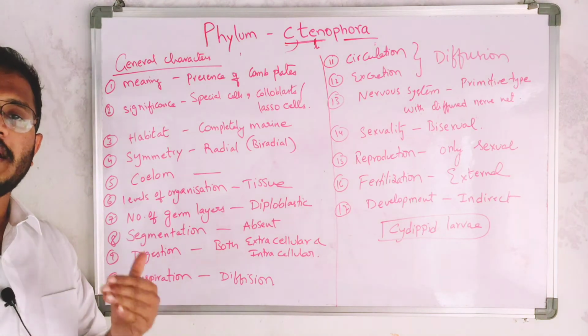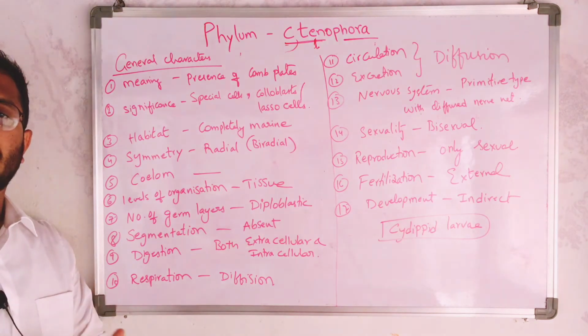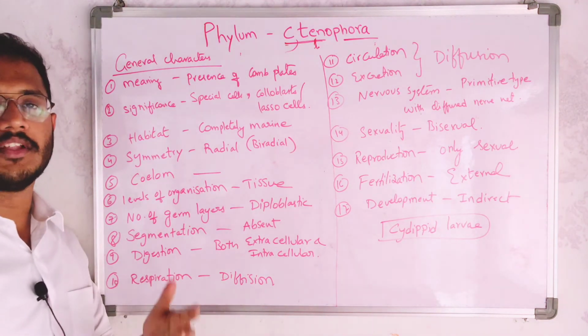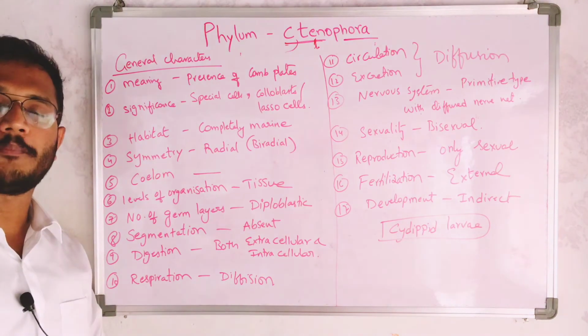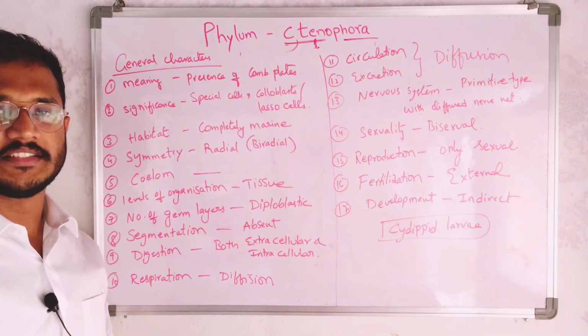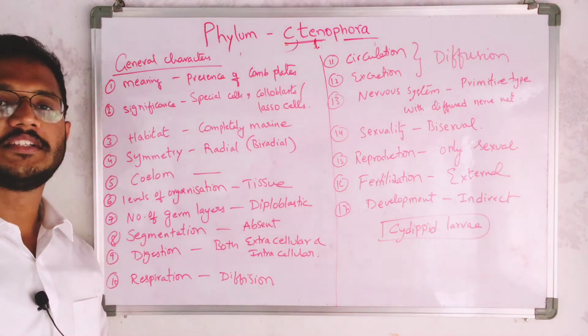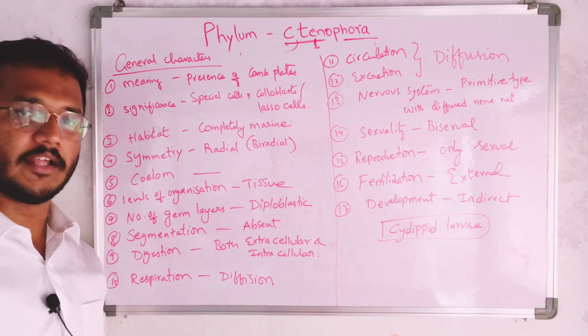The male gamete is released outside and the female gamete is released outside, and they fuse together and form the zygote in the external medium, that is the water. And the development is indirect. That means in the life cycle at least one larval stage is involved. Here that larval stage is the cydippid larva. Cydippid, very important, cydippid larva.